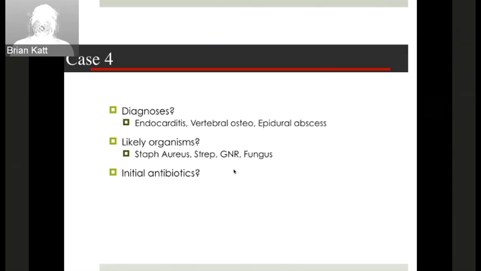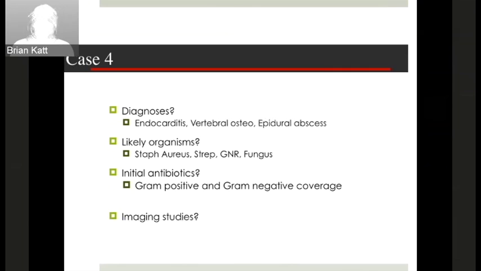Zosyn would be acceptable, but if you remember a few slides ago, when we looked at that triangle of what Zosyn covers, it doesn't have great coverage for highly resistant gram positives. We know Staph aureus is a bug we would be concerned about, so we would definitely want some sort of MRSA coverage, whether that's Vanco or Dapto, but gram positive coverage that includes MRSA and anti-pseudomonal coverage.